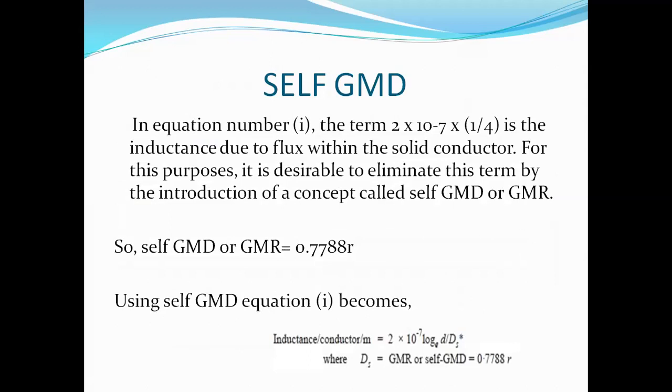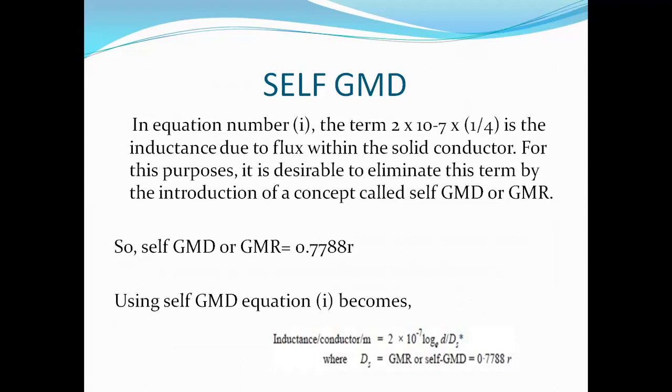For this purpose, it is desirable to eliminate this term by introducing the concept called self GMD or GMR, because we know that self GMD and GMR are the same. So the self GMD or GMR equals 0.7788 r.